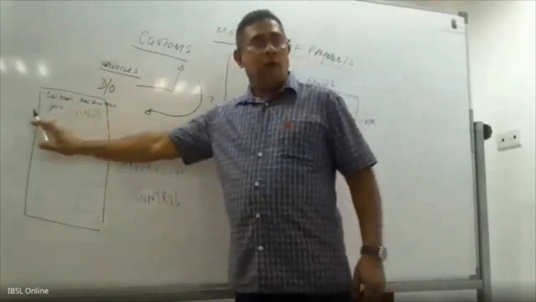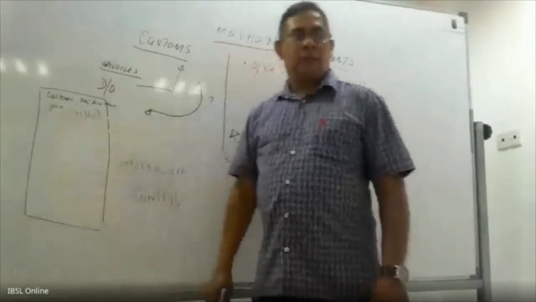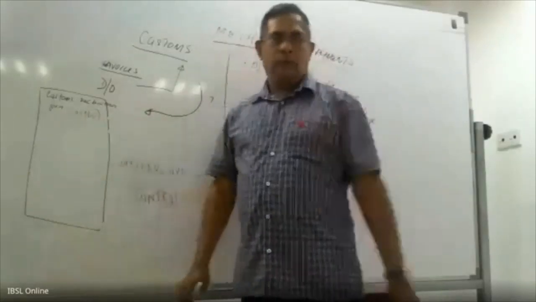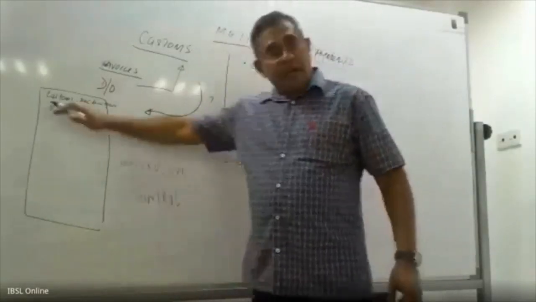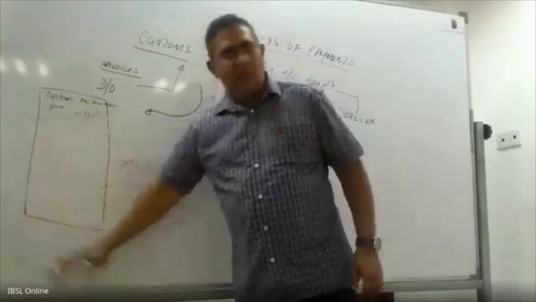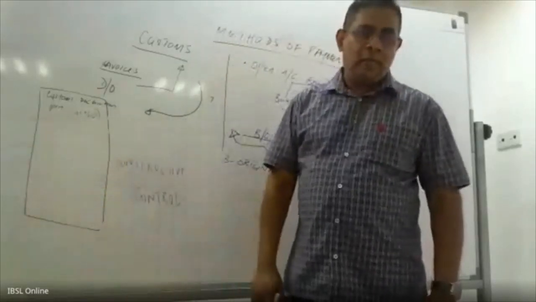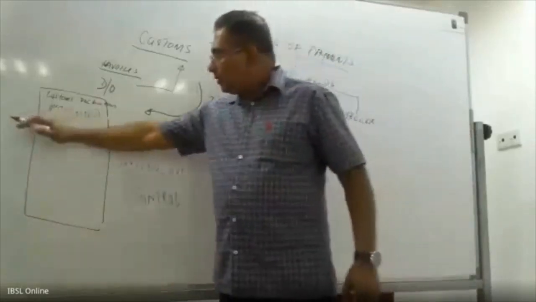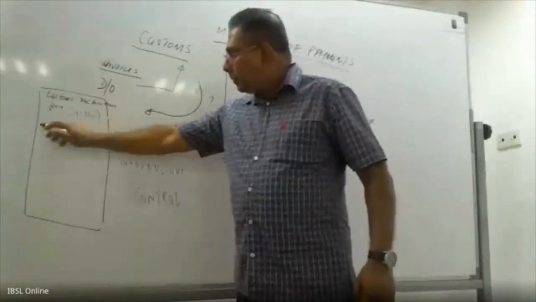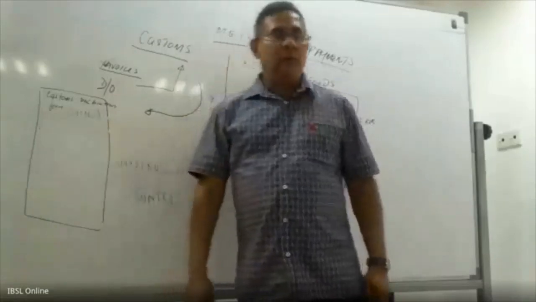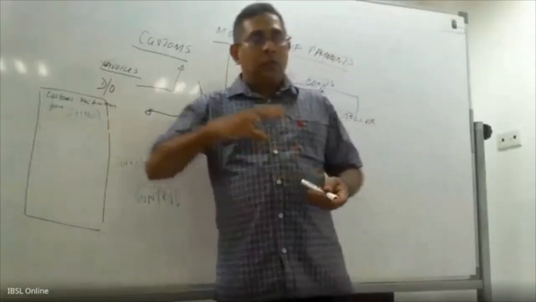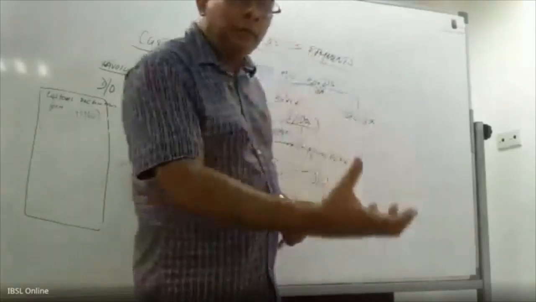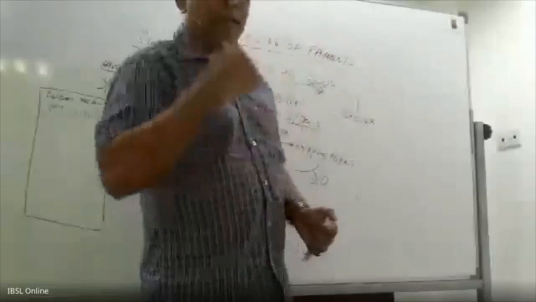Now, in this form, there are lots of characters needed to be checked. I'll give a few points for you to know. As a trade practitioner in a bank, all 12 points have to be known very thoroughly. But we need to know about 5 or 6 for our syllabus. This declaration form will tell through which bank the importer has to go and repatriate the funds to the seller.